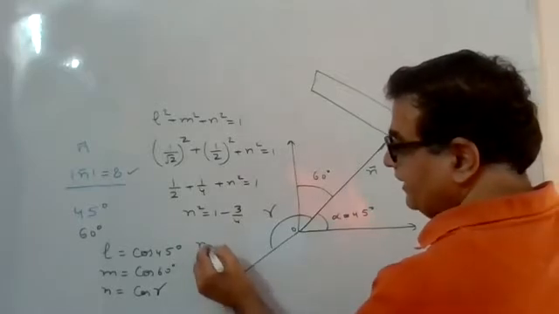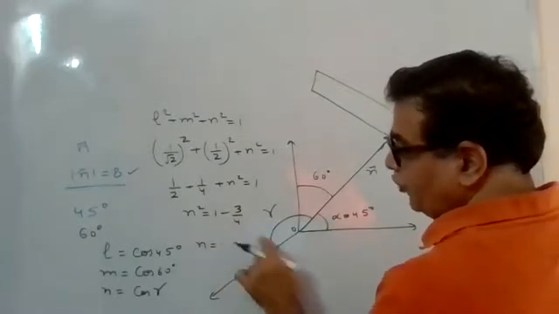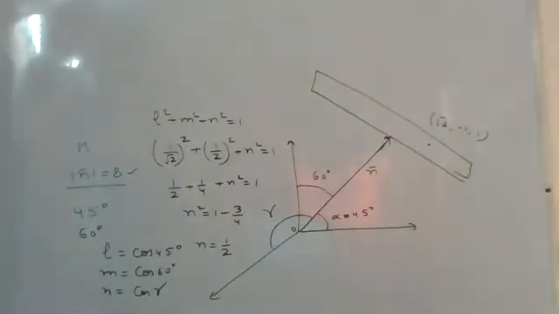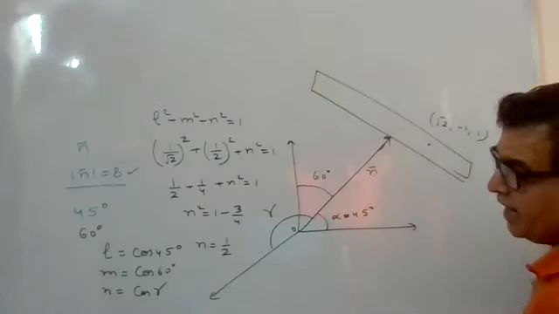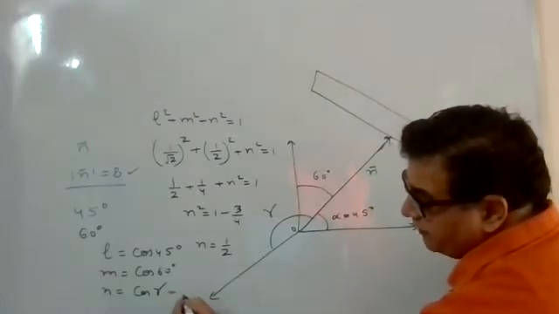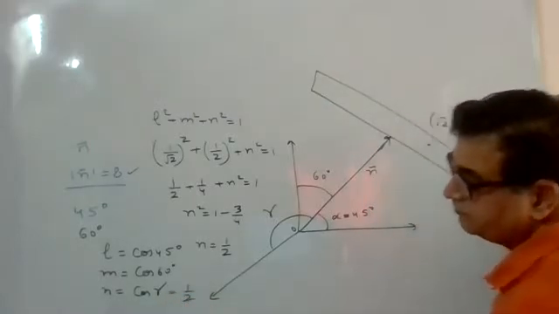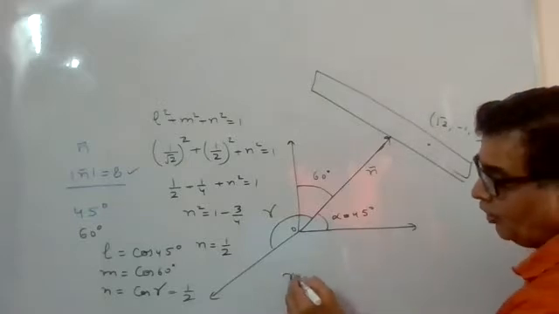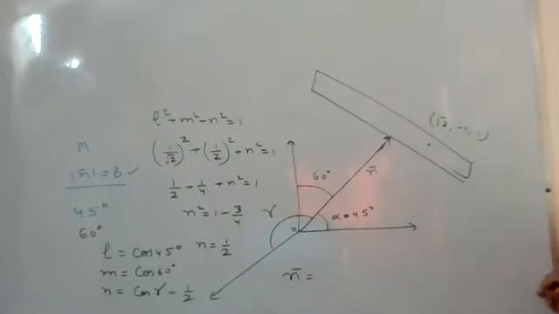And what is n in that case? This 1 by 4 will be left, so n will be coming half. As you got n half, that means this is coming half. Clear?